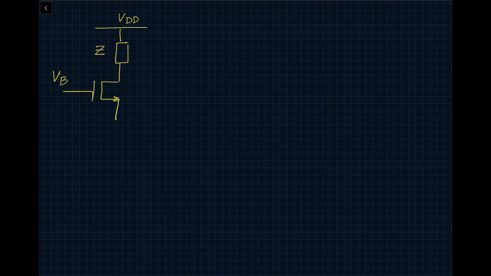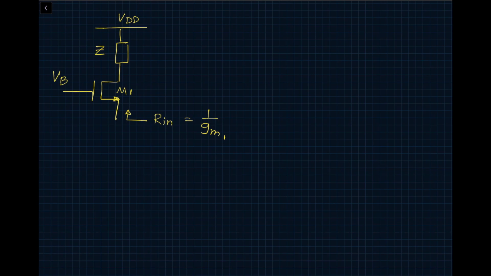Somebody may ask you, hey, what is the resistance looking into the source of this transistor, Rin? And a quick answer people tend to give is 1 divided by GM1 of the transistor. This answer is not exactly correct, and I would like to explain it to you. So follow my train of thought.